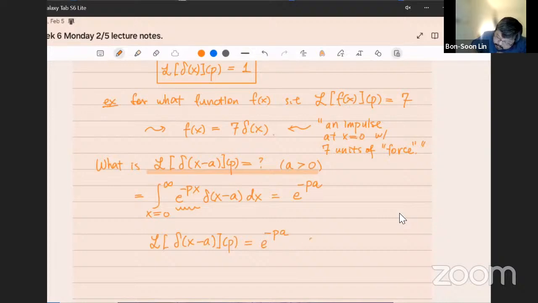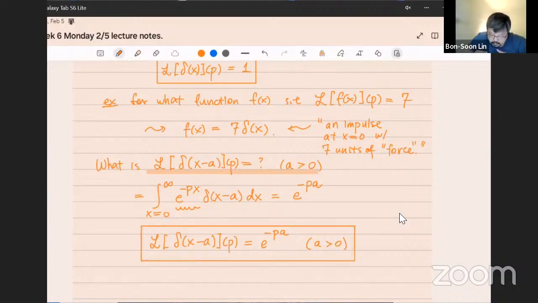Professor, does this imply that this also equals the Laplace transform of e to the minus pa delta x, which means, is it true that one result of the Laplace transform could come from 2 functions?